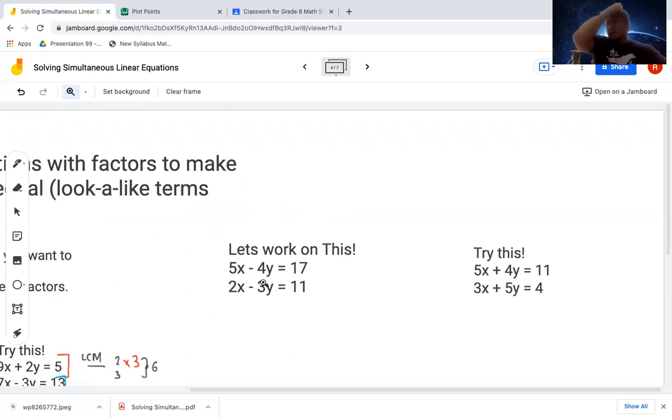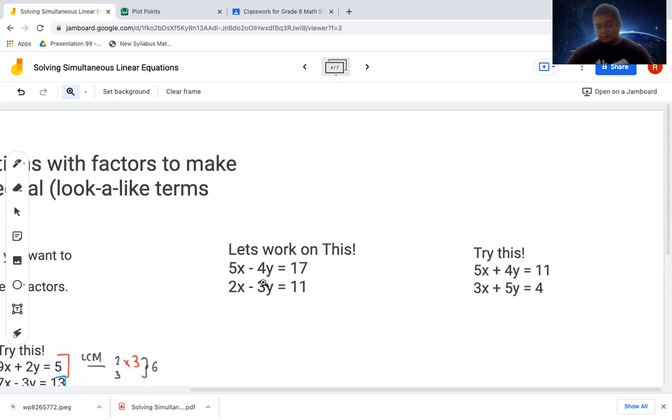So this time you guys have the right to choose which one you are going to eliminate. But as you look for the LCM, you have to remember that one of these multipliers needs to be a negative value so that you will be able to eliminate one of the variables or the terms.